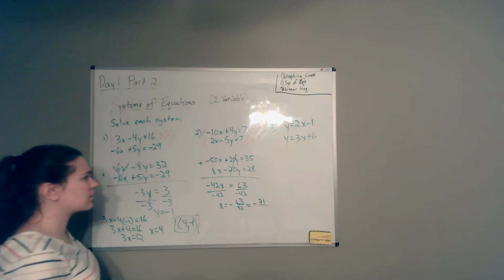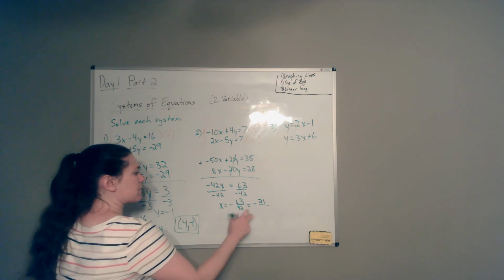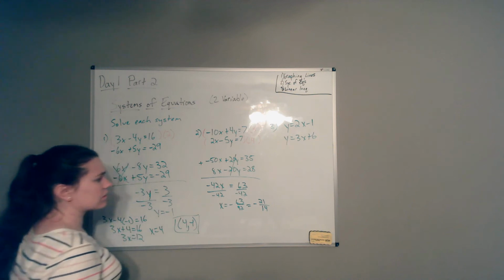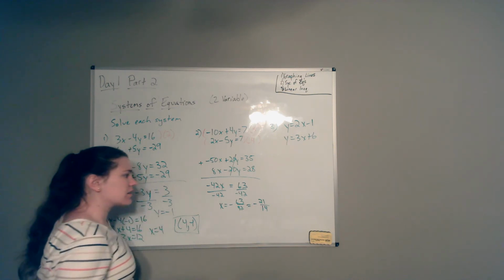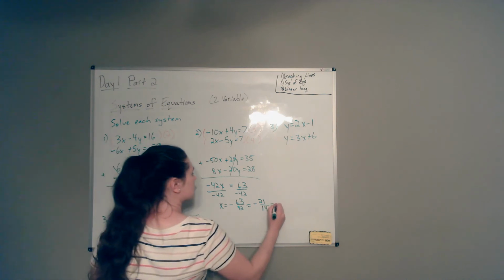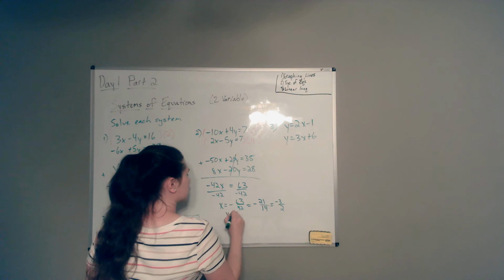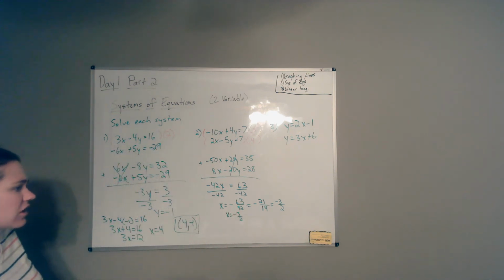Sorry, I was getting ahead of myself there. And 42 is going to be 14. Look at that, it simplifies even further. Now there's a factor of 7 there, right? So that's going to be negative 3 over 2. So x equals negative 3 over 2. Keep them fractional. We can work with fractions, that's okay.